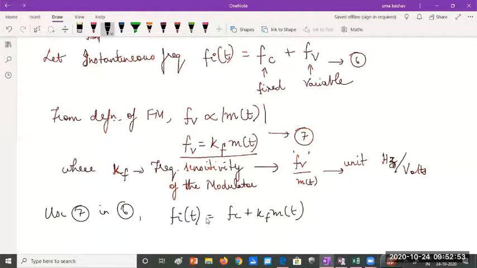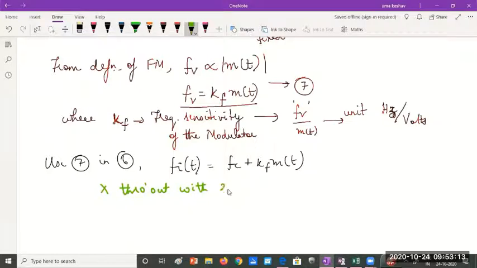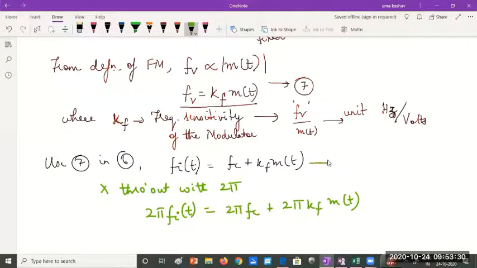Now, how do I convert this instantaneous frequency to instantaneous angle? Or we can do one more step. Multiply throughout with 2 pi. I would get 2 pi into instantaneous frequency is 2 pi Fc plus 2 pi Kf into m of t. This complete equation I am multiplying with 2 pi.